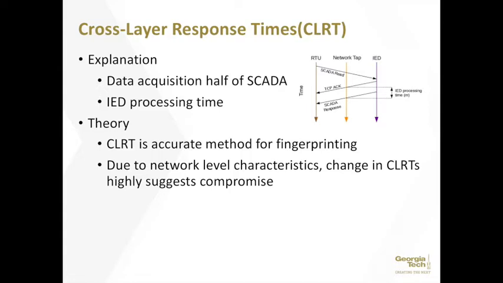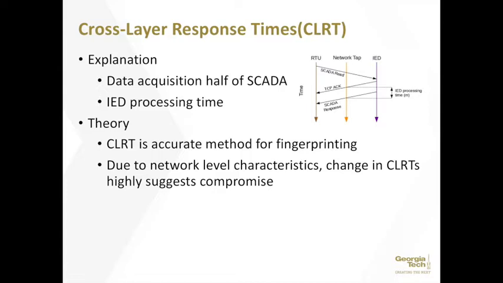So cross-layer response times focuses on the data acquisition half, whereas the next one, physical fingerprinting, focuses on the control half. CLRT looks at how long it takes for the sensors to process a request. The control system sends a TCP packet, and the time between the TCP acknowledgement and the SCADA response is called the IED processing time.